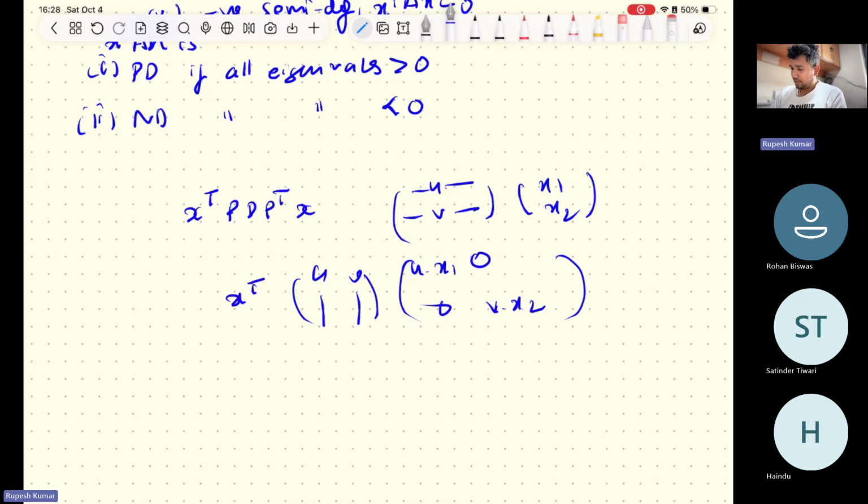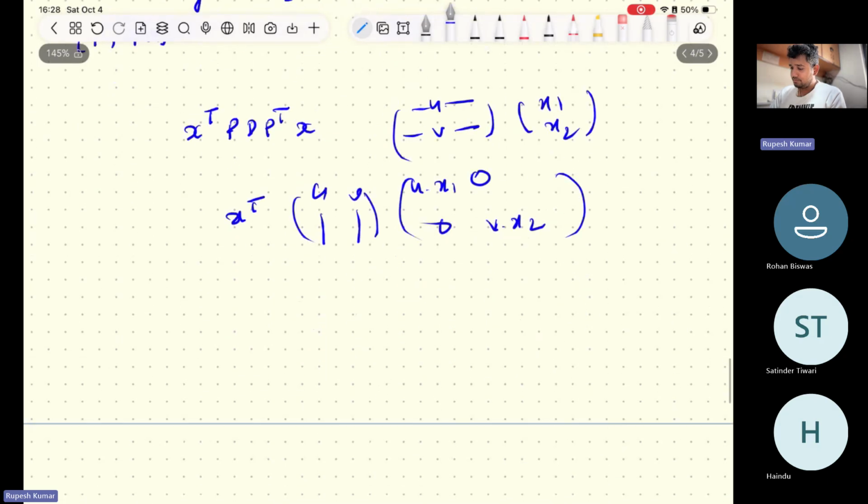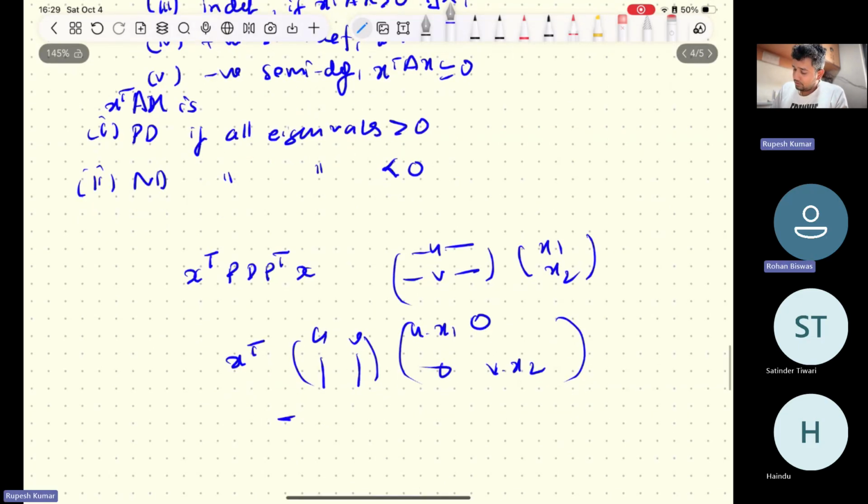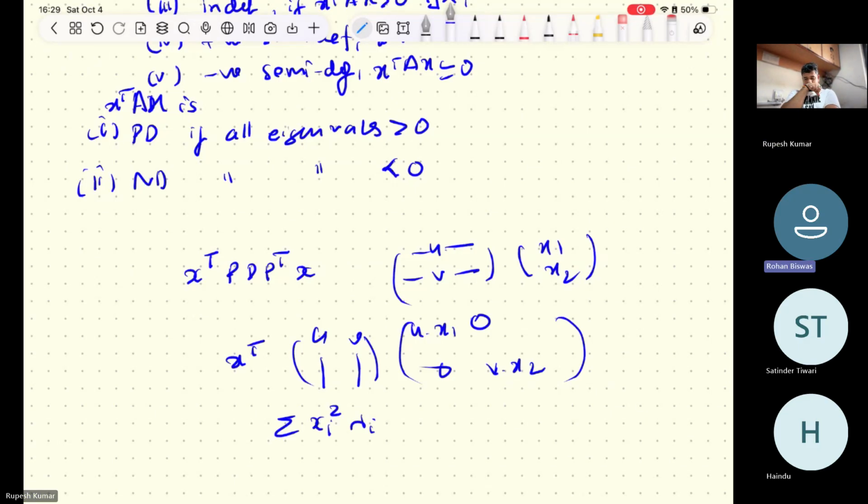You will observe that this sum will become some linear combination of all the eigenvalues. And then from there, you can see that it is positive if and only if all the eigenvalues are greater than 0. Fine, everyone? The coefficients come out to be something like xi square into lambda I. So now these are positive values.